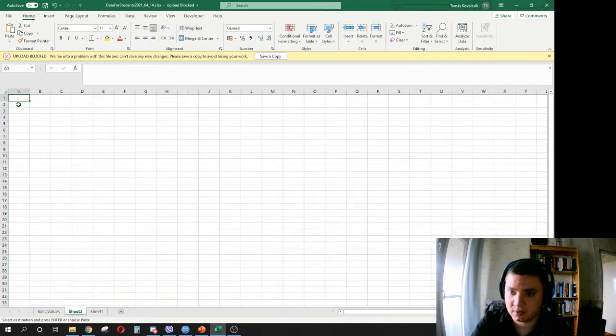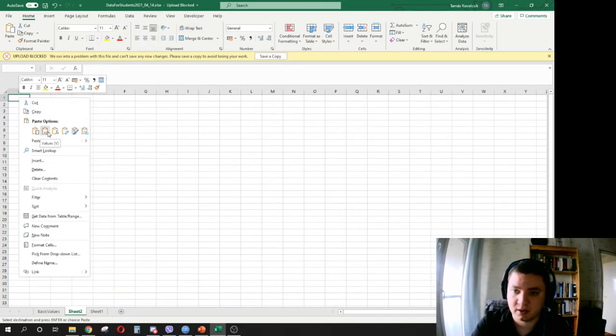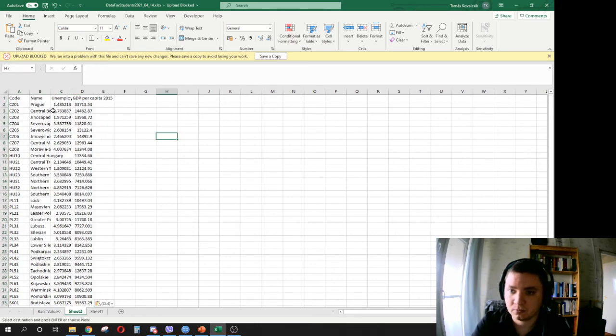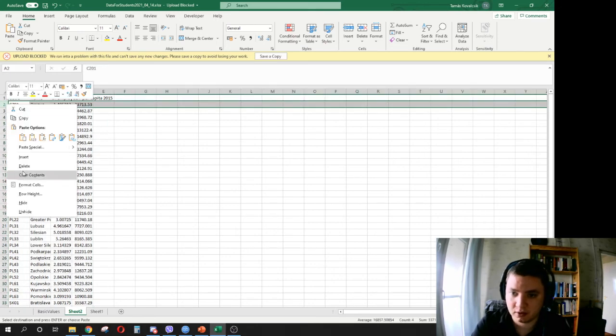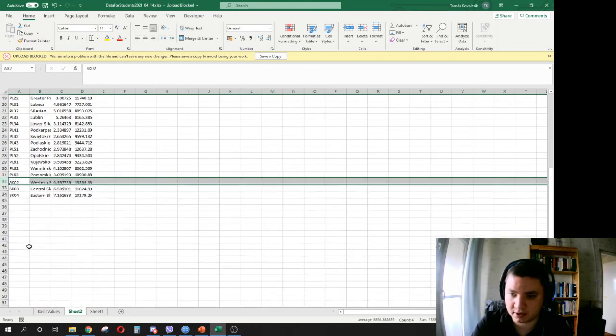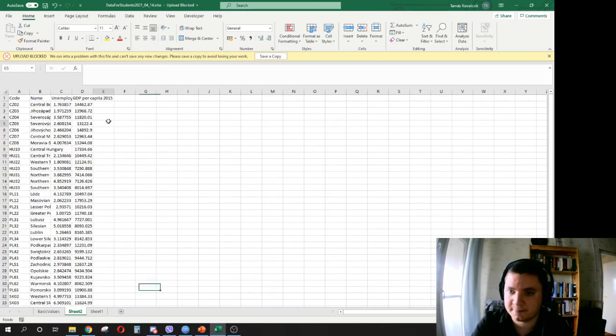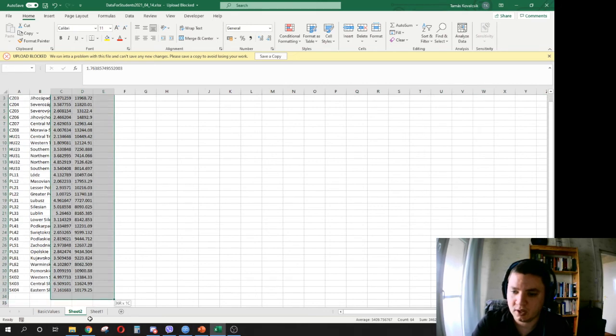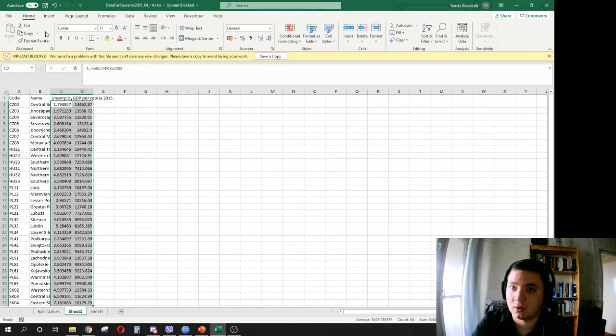Control C, right click and value copy. Okay, and delete the two outliers, Bratislava and Prague, and the empty number as well.